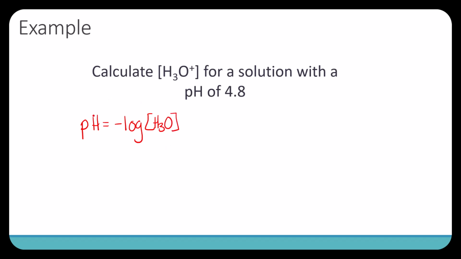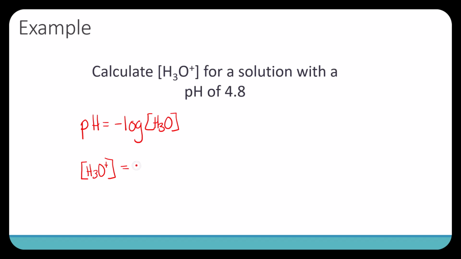If I want to solve for the hydronium, I have to do the inverse of negative log. Anybody know what the inverse of negative log might be? Yeah, we are dealing with log base 10.